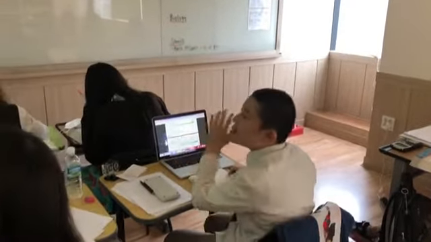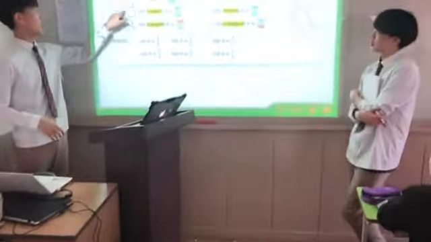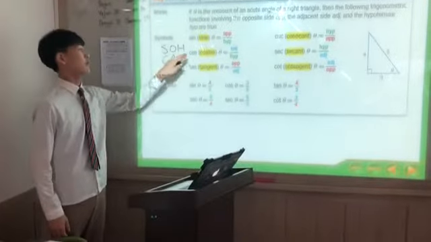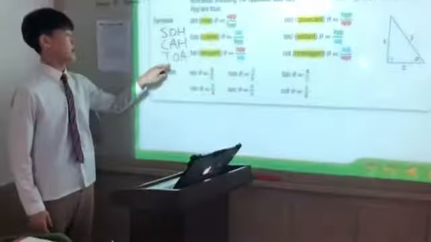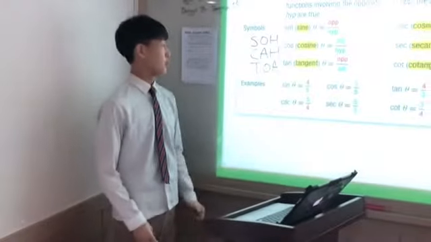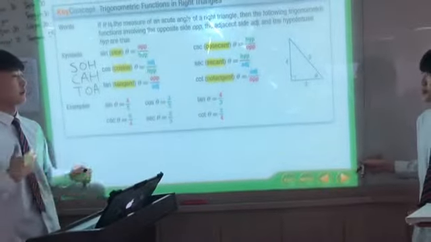Tangent, opposite, adjacent. Okay, 90% right, because sine is opposite over hypotenuse, cosine is adjacent over hypotenuse, and tangent is opposite over adjacent.